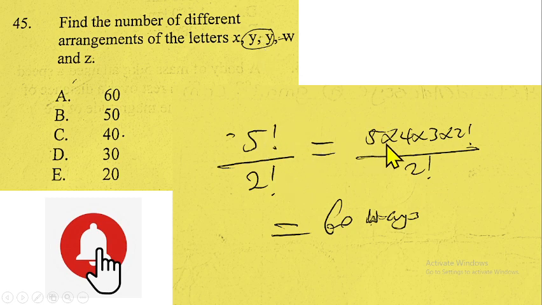So 5 factorial will give us 5 times 4 times 3 times 2 factorial divided by 2 factorial. So we can cancel 2 factorial. So we have 5 times 4 times 3, that gives us 60. So this can be done in 60 ways. So option A is the correct option for question number 45 as well.